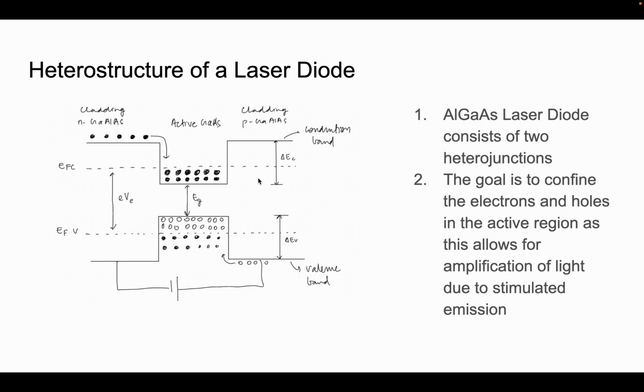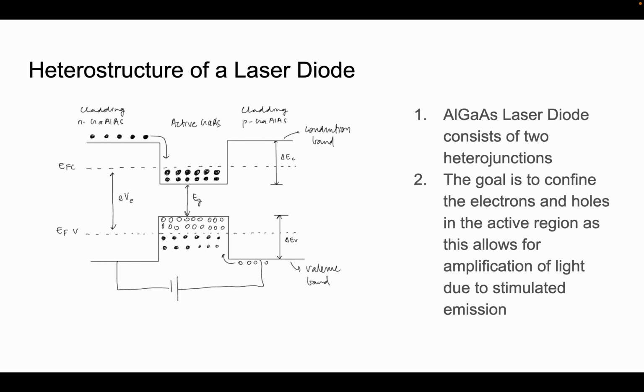So the aluminum gallium arsenide laser diode consists of double heterojunctions formed by a lightly p-doped active region surrounded by higher bandgap P and N gallium aluminum arsenide cladding layers.